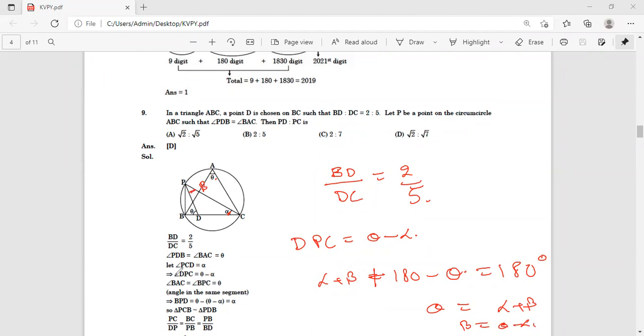Now angle BAC is BPC. These two angles are same, right? Same segment. So how much is BPD? How much is BPD? Angle beta, which is theta minus alpha.